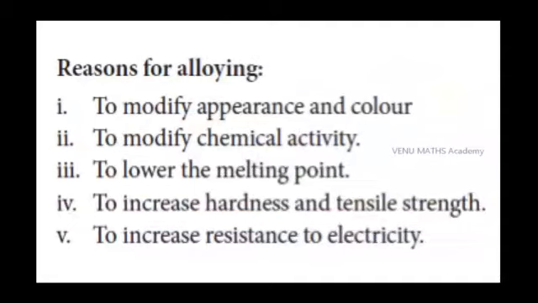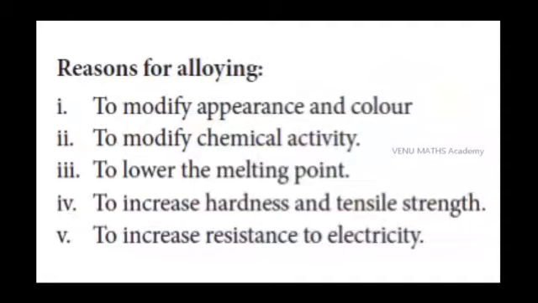When some other metal is added to iron, corrosive property can be reduced. So the chemical property can be changed. Next, the melting point of some metals will be higher. In case we need that metal with a lower melting point, then it can be alloyed.